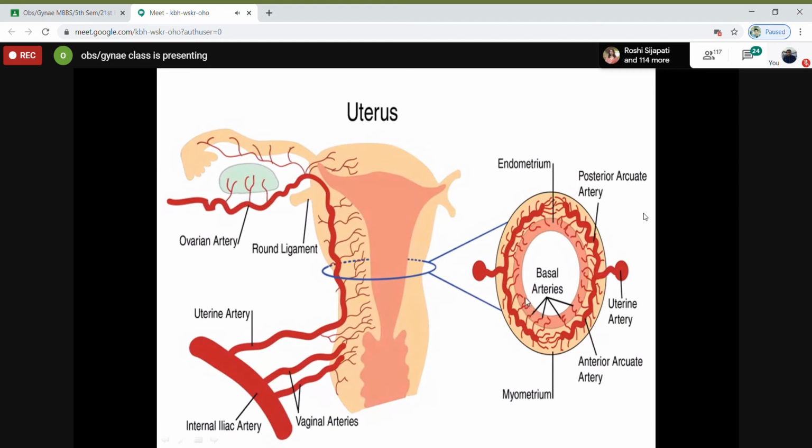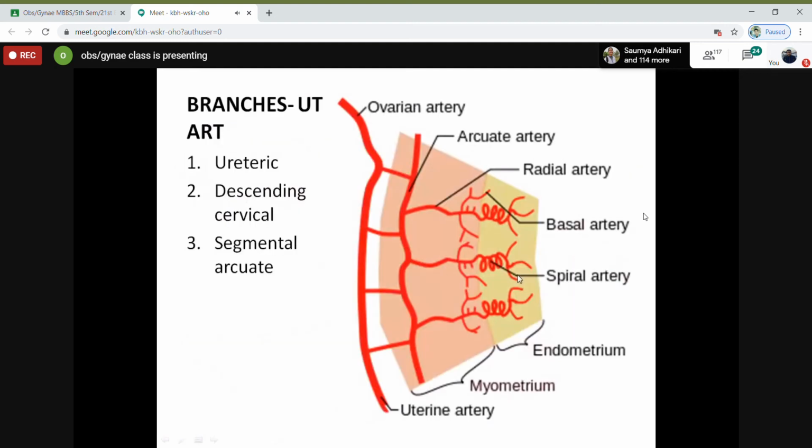The spiral arteries are shed off along with part of the endometrium, and regeneration in menstruation starts from the basal arteries. So basal arteries are intact. So the same thing here.